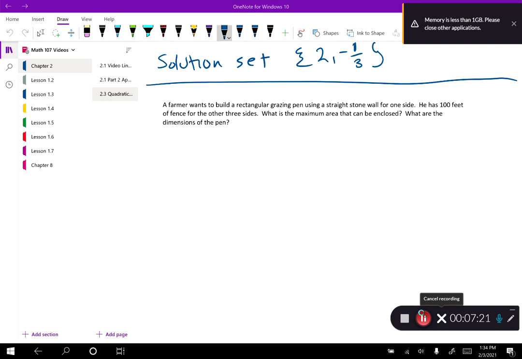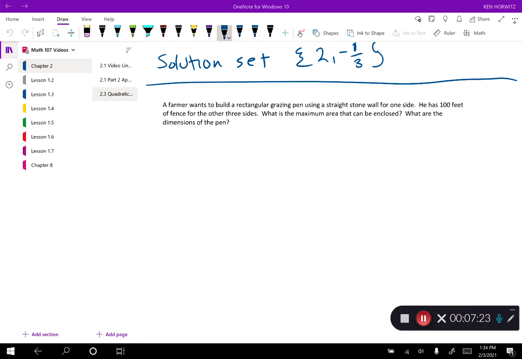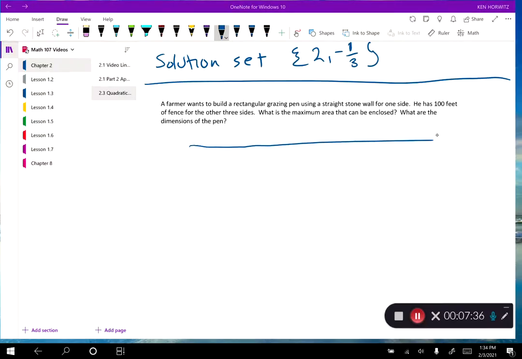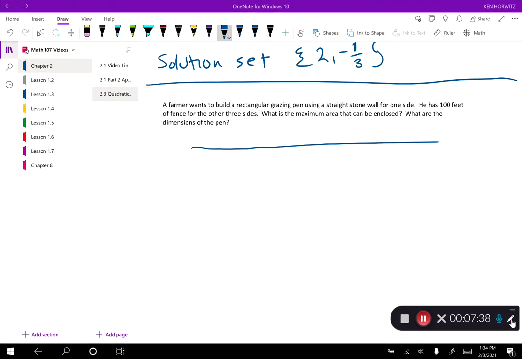So again, anytime you see the word application, it basically means a word problem. And while you may not be a farmer, this is a wonderful application for a man who owns a farm, because if he's going to build a pen like this, he most definitely wants to maximize the area for his animals.